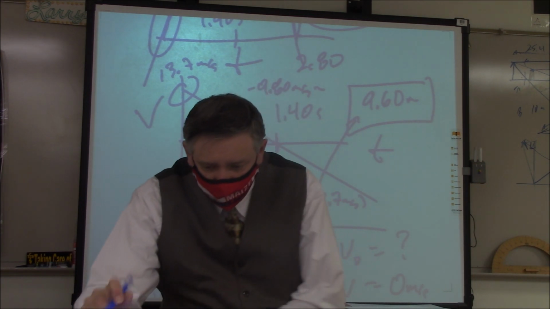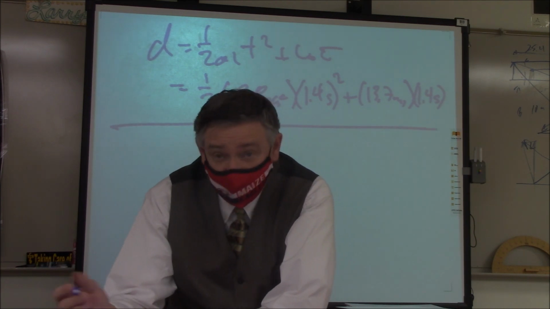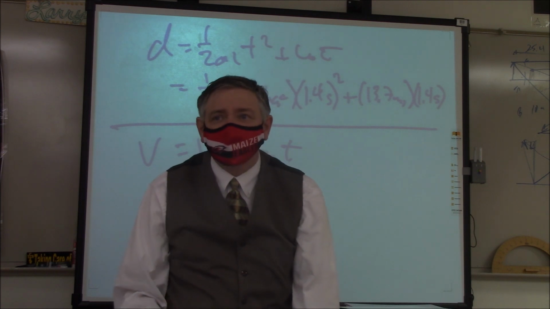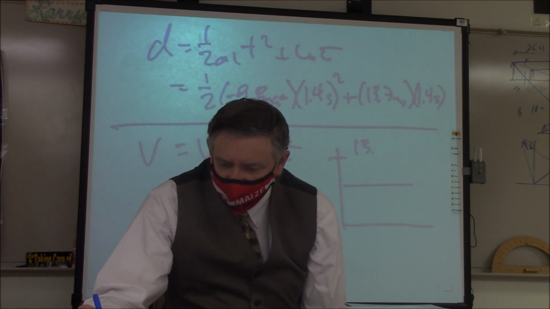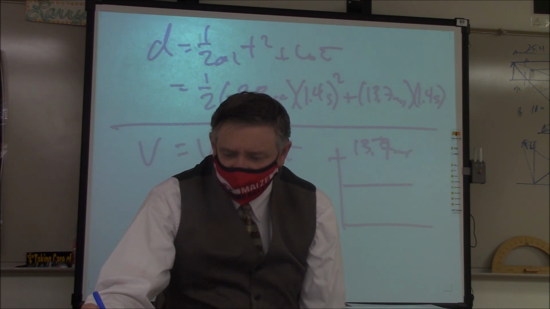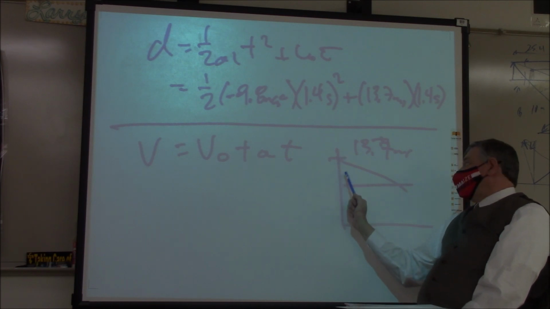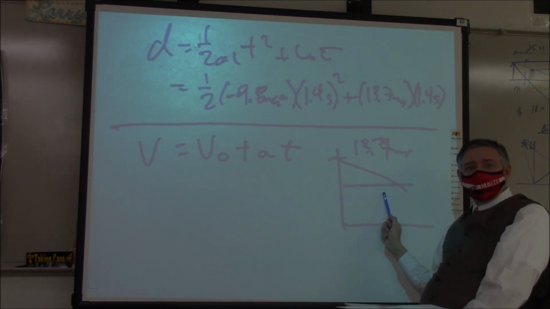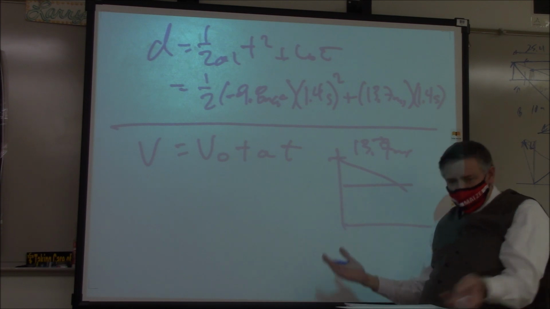The easiest thing to do to get that, and there's only one way you can do that, is to use v equals v naught plus at. And again, this is just a slope intercept. You're starting at 13.7 meters per second. That's my initial velocity right here. 1 second later, it's dropped 9.8 meters per second.